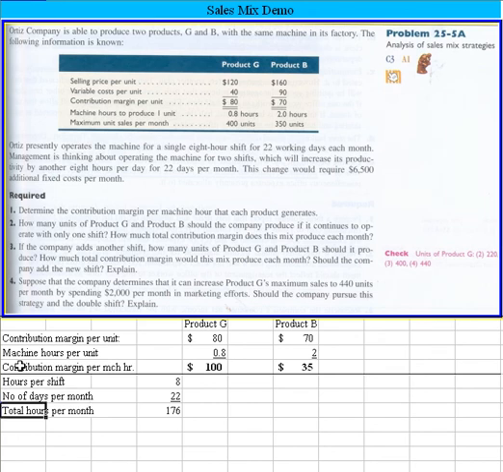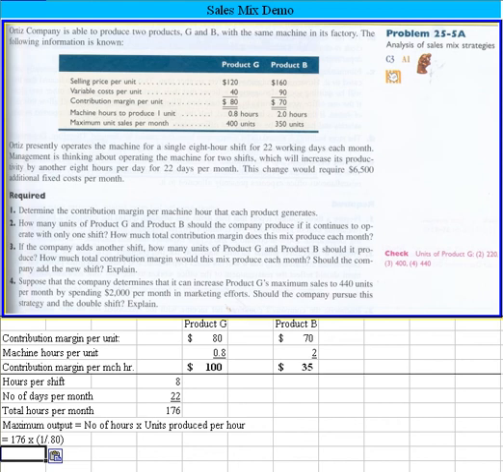Now, we need to determine what's the maximum output. Well, maximum output is going to follow a little formula, and I've copied that off the side so I don't have to type it. Maximum output would be number of hours times units produced per hour, right? So if we were to solve for that, we would need to solve for it: equals 176 times the units produced per hour, which would be equal to 1 over 0.8.